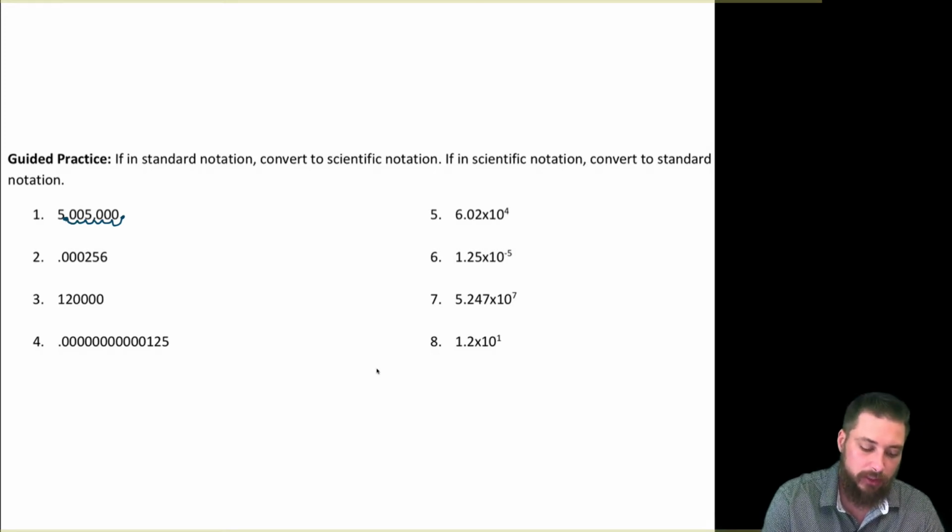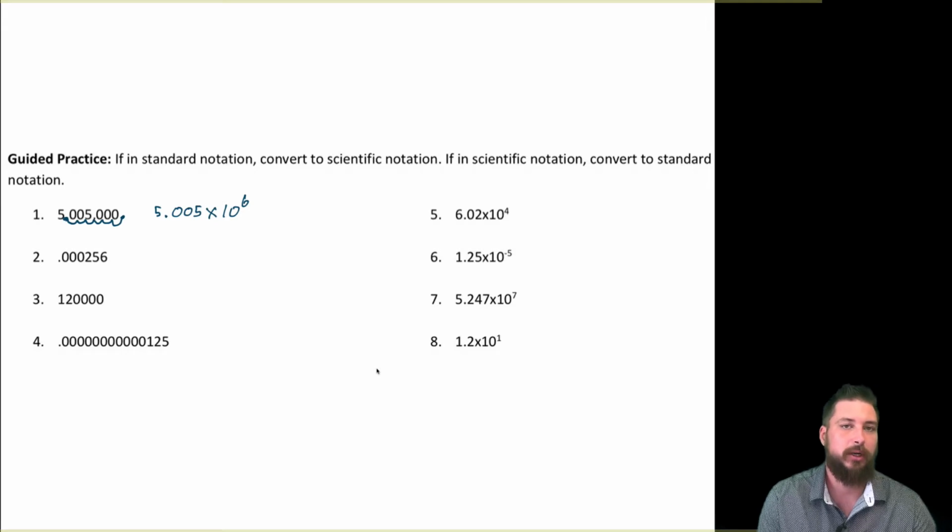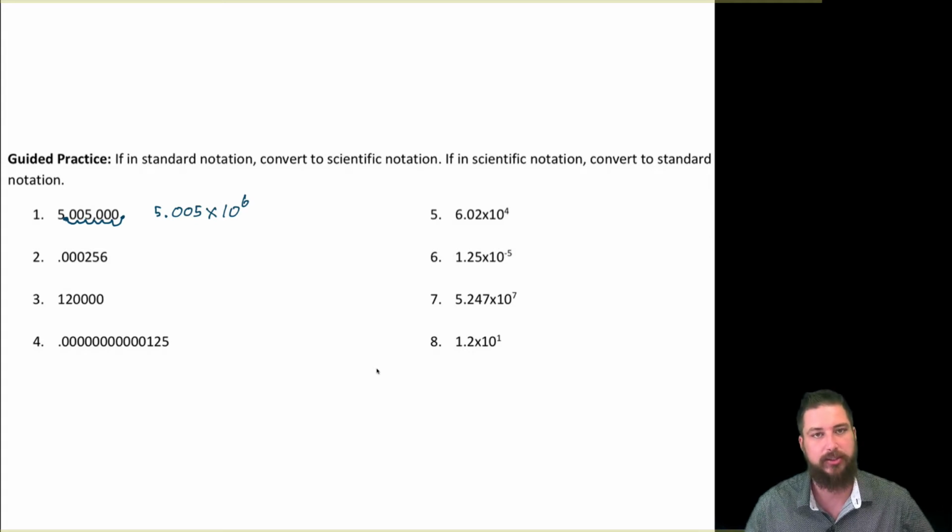And so what we end up with is 5.005 times 10 to the 6. Now, is it going to be a positive 6 or a negative 6? Well, it's going to be a positive 6 because it's a large number. Because we move the decimal to the left, it's going to be a positive 6.